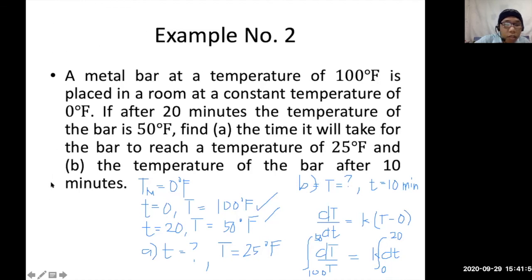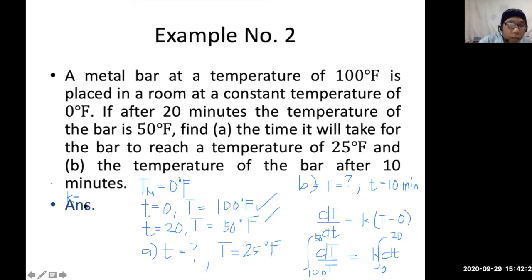Okay, once we have k, we use a calculator. So we have a value of k. Once you have k, we solve for the time. The same equation applies. Anyway, that's the idea.